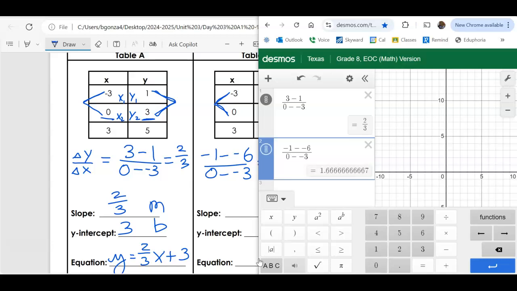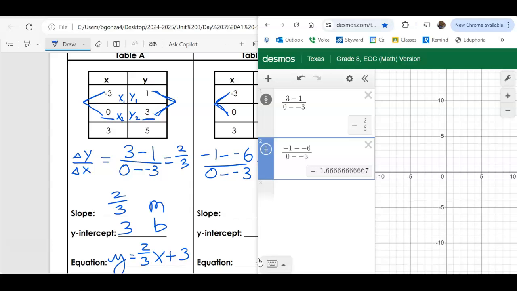Click that fraction button until you get the fraction. 5/3 is my slope.